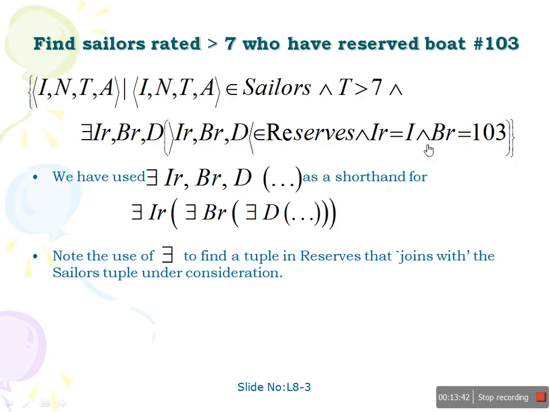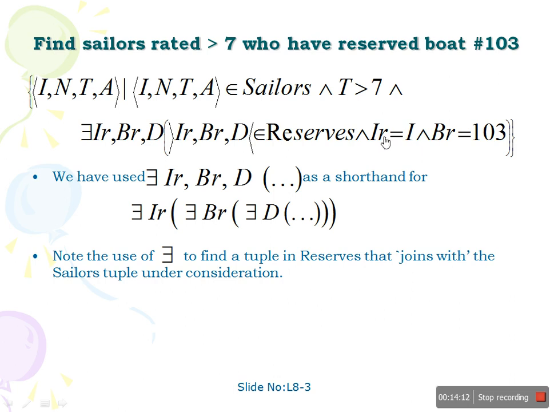For this, what am I going to do? Here BR is nothing but the boat ID in the Reserves table. Boat ID in the Reserves table equal to 103. This is the condition which I am going to specify, and this is the join condition. This IR indicates the SID in the Reserves table, and this I is the SID in the Sailors table.